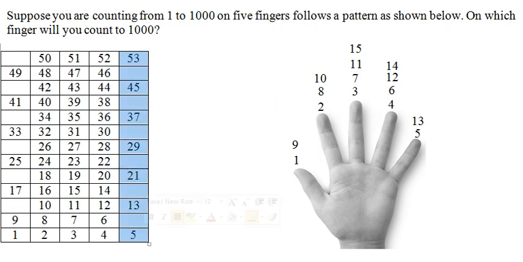The last finger, 5, 13, 21, and so on, all odd numbers, so probably 1000 is not on this finger. So the answer is maybe the second finger, or maybe the fourth finger. But which one is it?